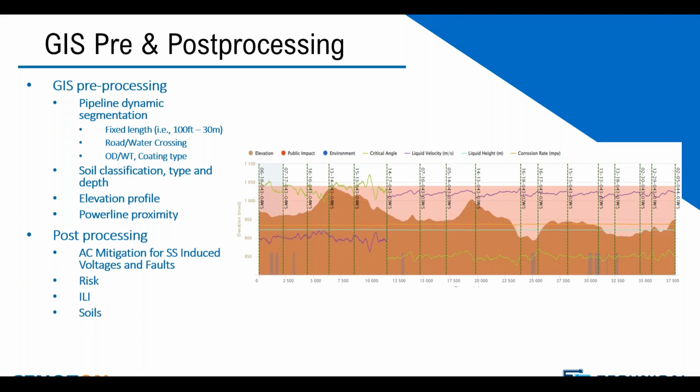And the client, in this case, wanted to identify their risks and other susceptibilities based on the location of the pipe segments between these ESDs. Other clients might be interested in segments that are crossing these HCAs or road or water crossing sites, or there could be segmentation based on changes in diameters or coating type, etc.